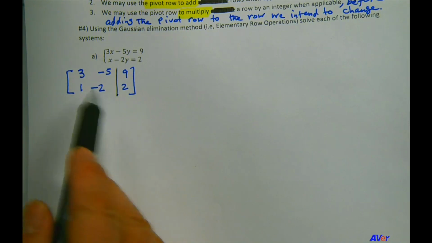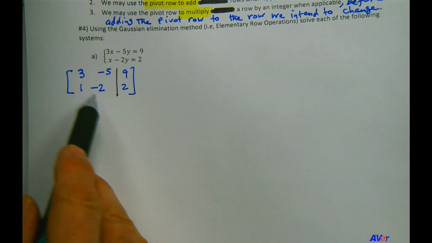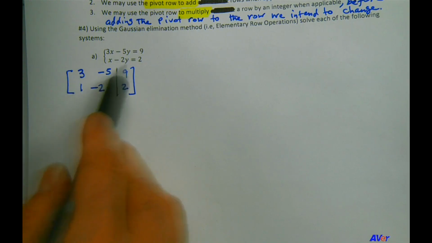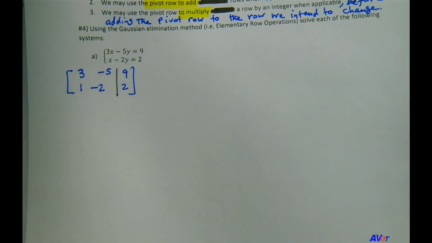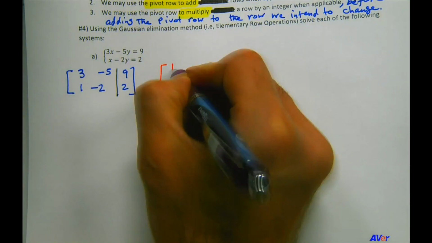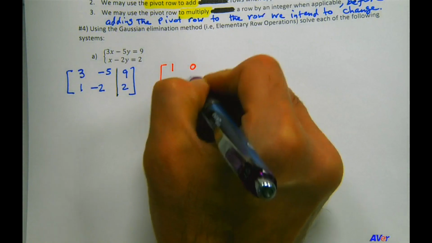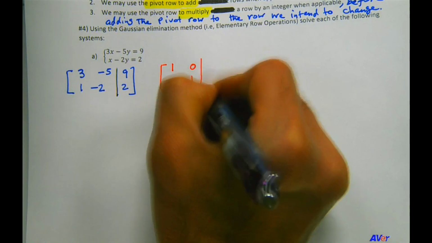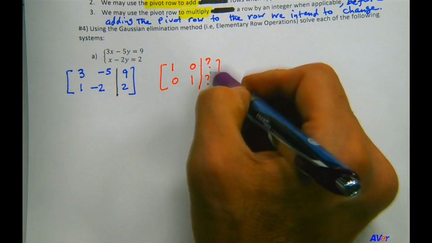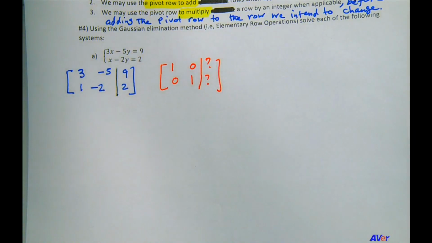So what does the reduced row echelon form look like? How does it look for this 2 by 2, or a system of 2 equations, 2 unknowns? It would look like this: 1, 0, 0, 1, and the constants on the other side. So the constants, those numbers are debatable. What they could be, what they should be, that's debatable.